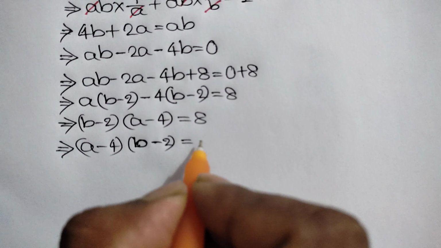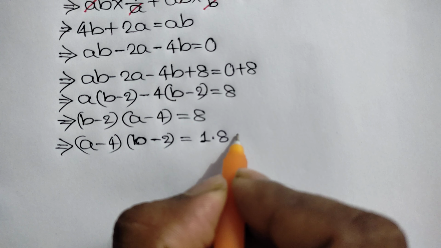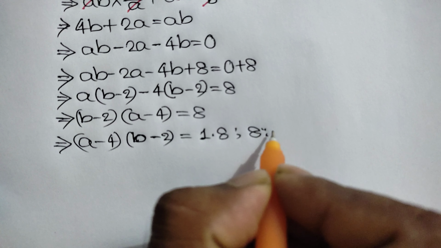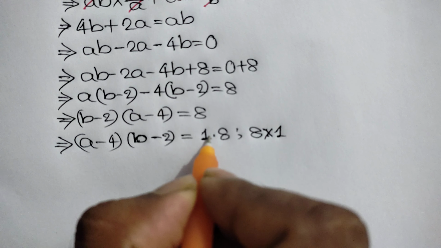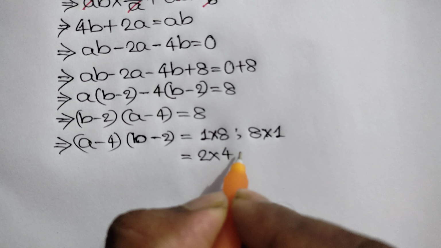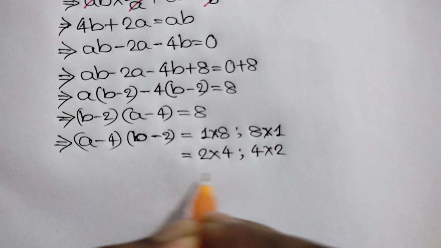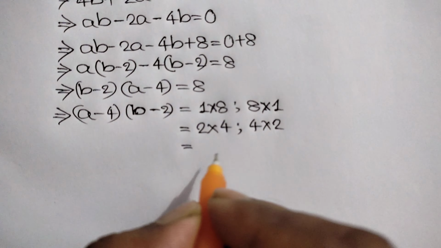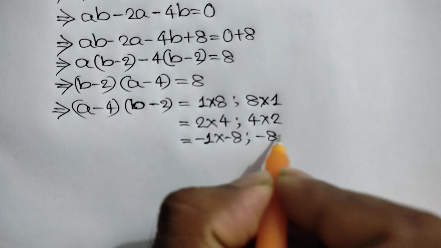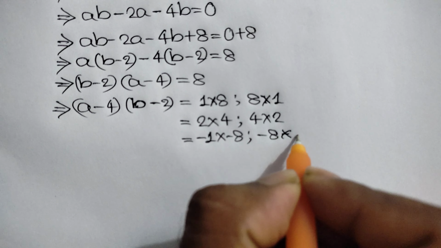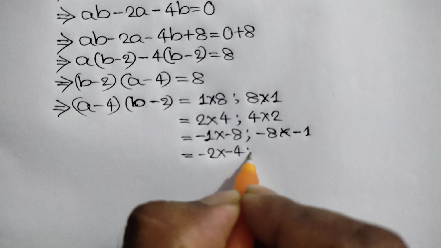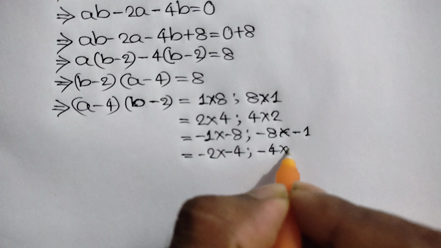Now factorizing 8, we can write 1 times 8 or 8 times 1, or 2 times 4 or 4 times 2, or negative 1 times negative 8 or negative 8 times negative 1, or negative 2 times negative 4 or negative 4 times negative 2.